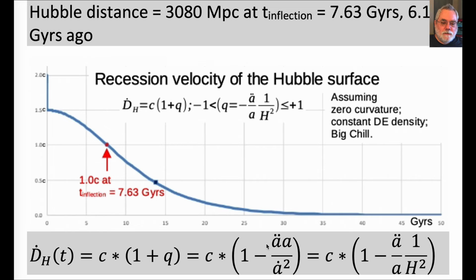The deceleration term, Q, was 1. The Hubble surface and the cosmic particle horizon coincided, and both receded at twice the speed of light. This is the narrow spike at the upper left of the graph.